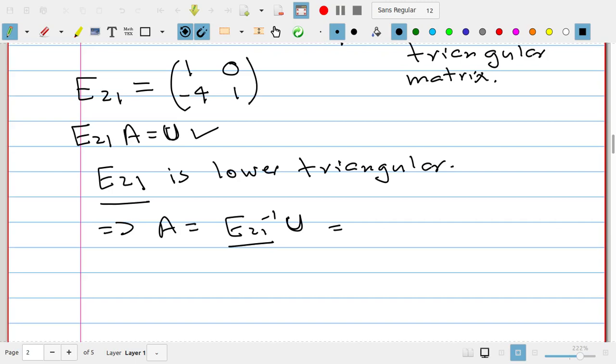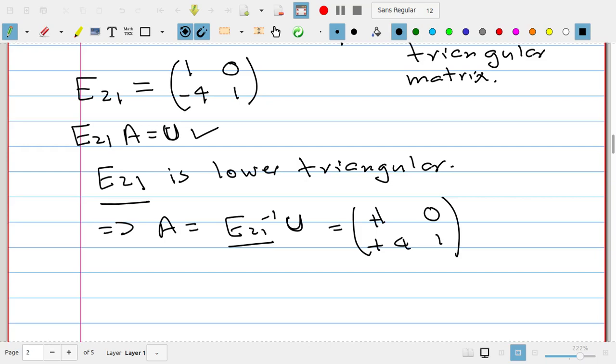So E21 inverse is 1 0, plus 4 1, because E21 corresponds to a particular elementary row operation, R2 minus 4R1. So E21 inverse must correspond to the inverse of that row operation, right? So R2 plus 4R1.